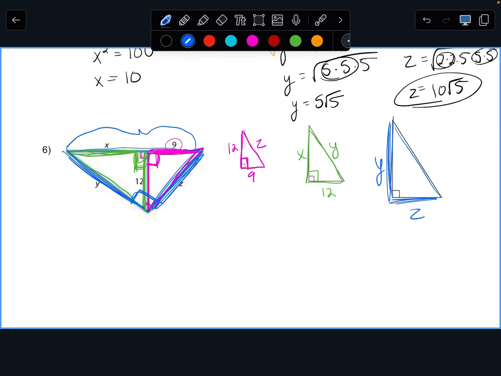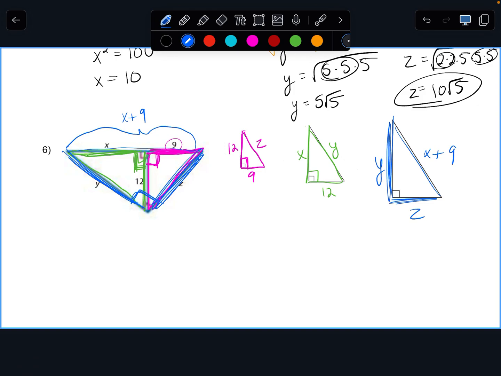You know how in the other one we added them, the 20 and 5, and got 25? This one is going to be x plus 9, so it's a little on the sassy side for this one. So it'll be x plus 9. Okay, now we've got to figure out what we're even going to do here. Can I even do x first?